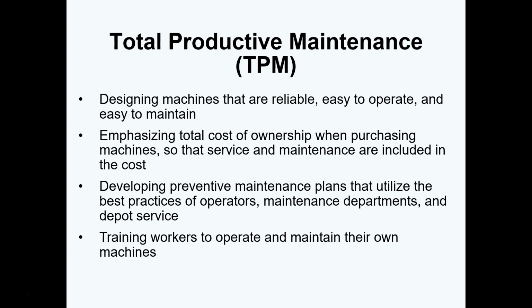This method includes designing machines that are reliable, easy to operate, and easy to maintain, emphasizing total cost of ownership when purchasing machines so that service and maintenance are included in the cost, developing preventive maintenance plans that utilize the best practices of operators, the maintenance department, and depot services, and then training workers to operate and maintain their own machines.